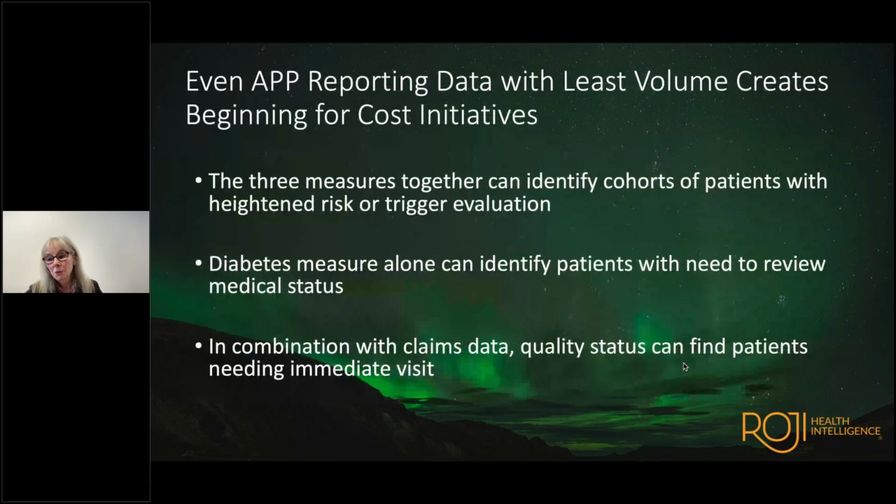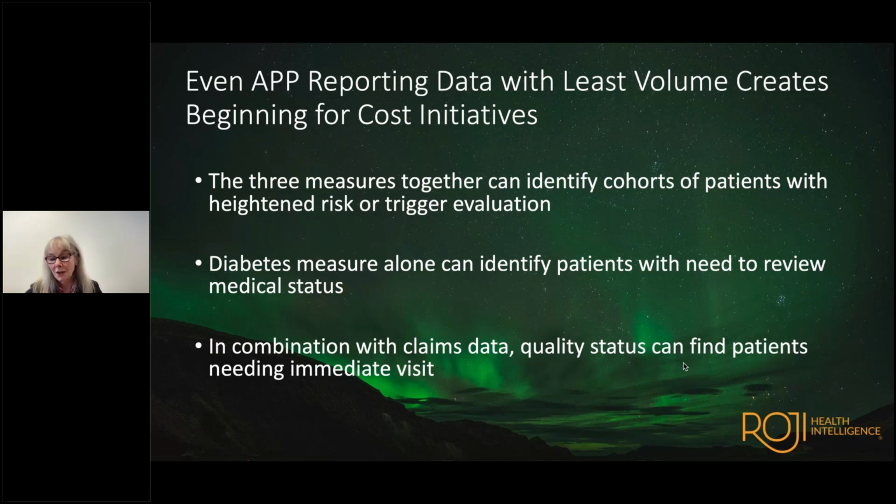But even APP reporting that's on the smallest end of the volume or content scale creates some beginning. So the three measures together can identify cohorts of patients with heightened risk or trigger evaluation. If you've got both hypertension and diabetes, and you've got depression, that's a bigger issue than if you just have one or the other.